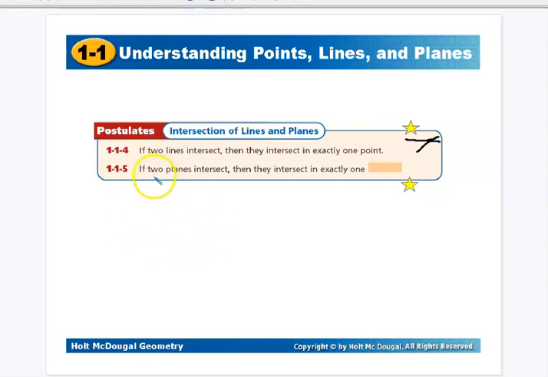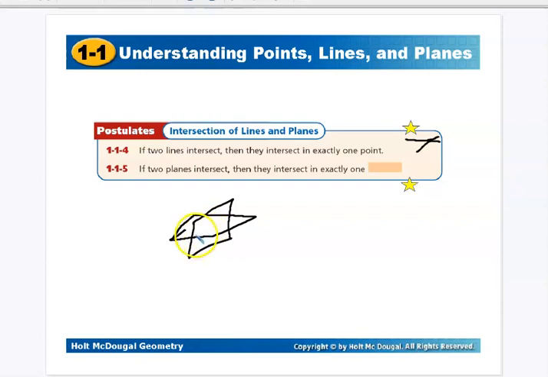1-1-5. If I have 2 planes, I'll try and draw this. 2 planes. Here's one. And then let me draw a second one here. Do the best I can. That's not too bad. It's a little bit 3D-ish.